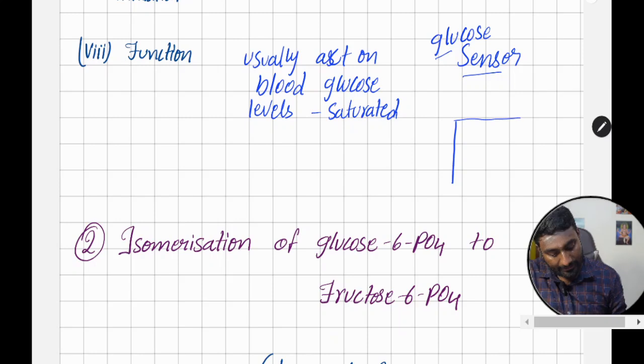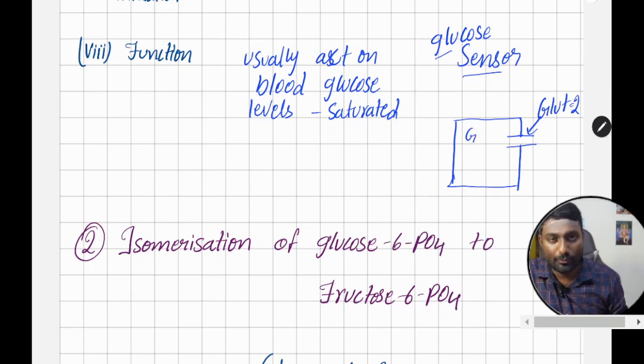Suppose you take beta cells of the pancreas. Whenever the person is in the fed state, glucose will enter into beta cells of the pancreas through GLUT2. Once it enters, glucokinase will convert glucose into glucose 6 phosphate, and finally it will enter the Krebs cycle and produce ATP.